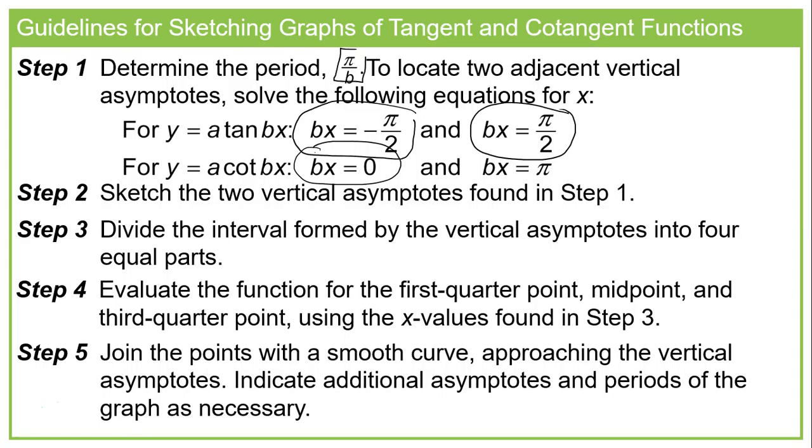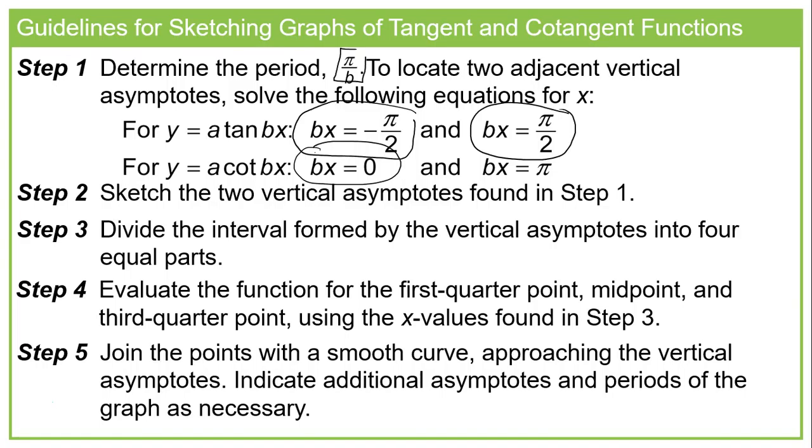So sketch the 2 vertical asymptotes found in step 1 after you find those. And then you divide the interval formed by the vertical asymptotes into 4 equal parts.